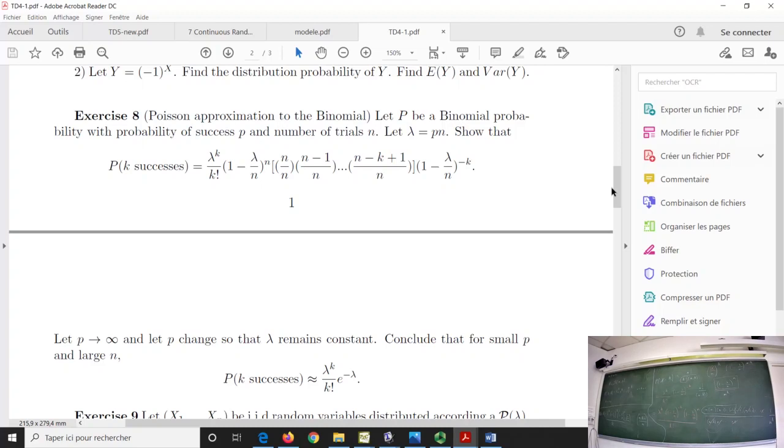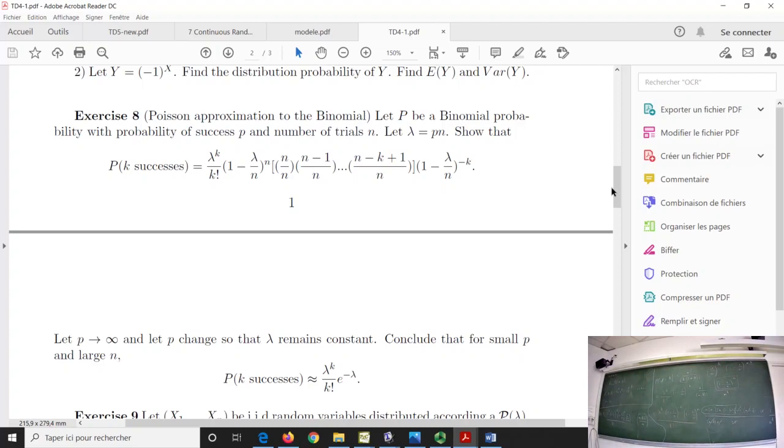So here the methodology is to say, I have a big expression here. Don't try to do everything at the same time. Make things appear little by little, starting from the definition of this one, and try to make appear one term by one term. In fact, it's not that complicated. I just have to know the definition of a binomial and the definition of factorial.